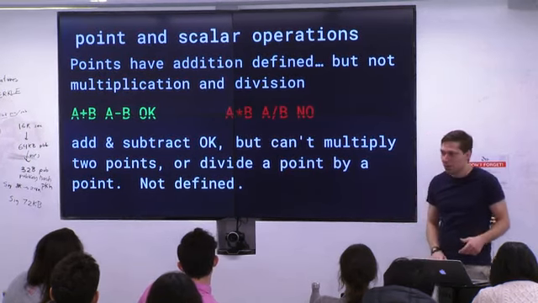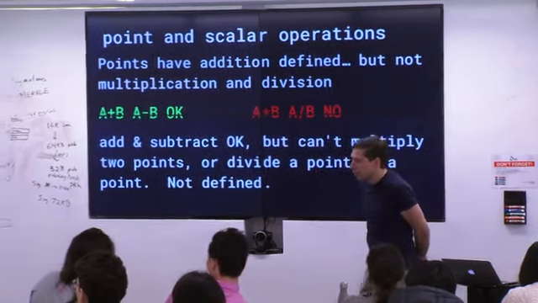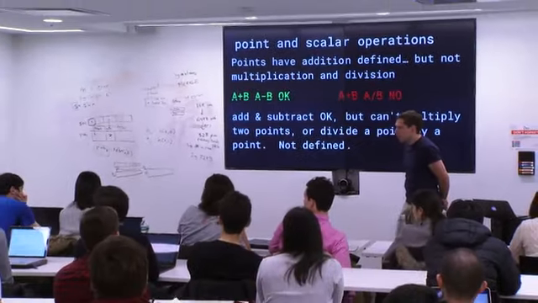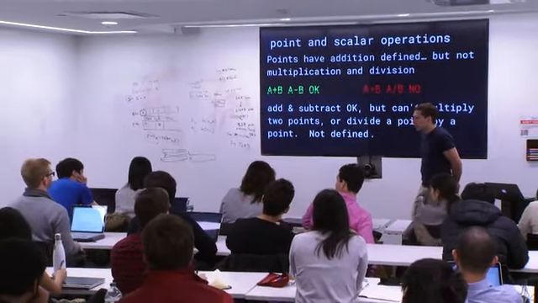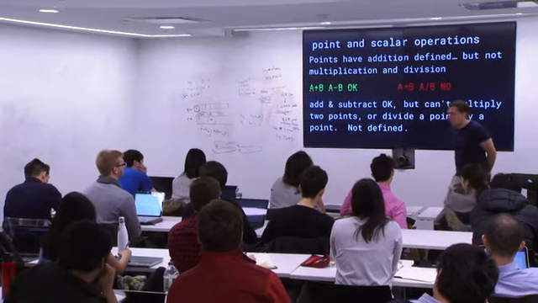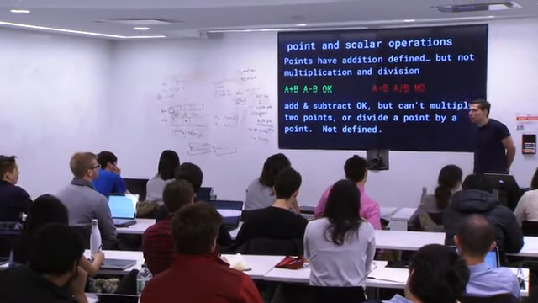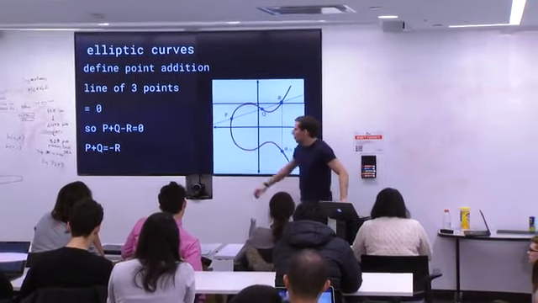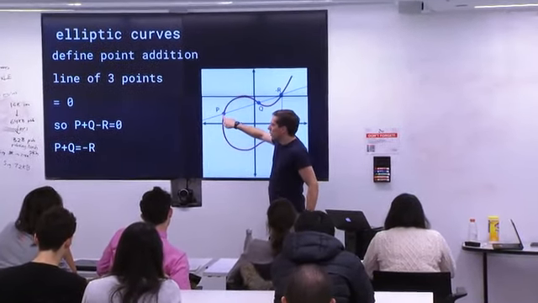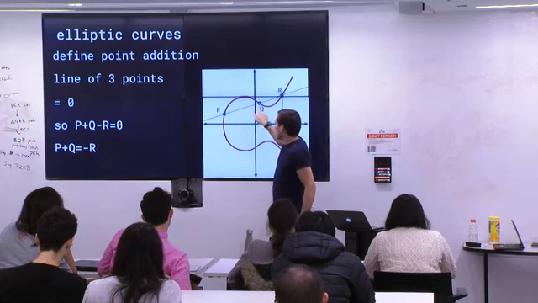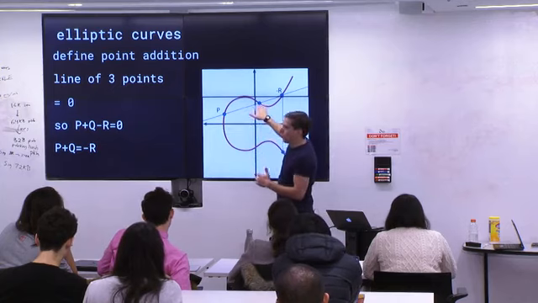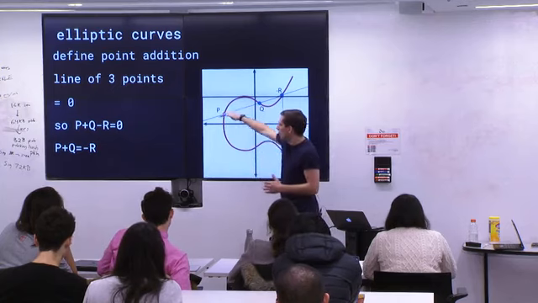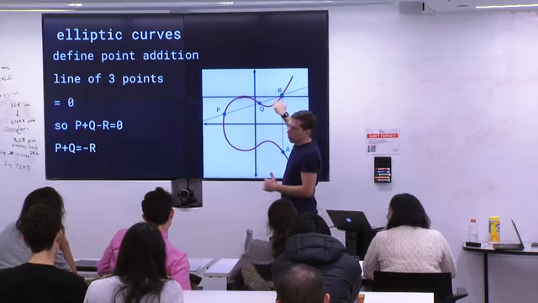Make sense? Yes. In the previous case, when you were adding points, what is defined as addition? Are you adding only the y components? You use both the x and y coordinates to add, right? So when you're doing it in the computer, you're saying, okay, what are the x and y coordinates of P? What are the x and y coordinates of Q? Find the slope, find where it intersects the curve at another point.